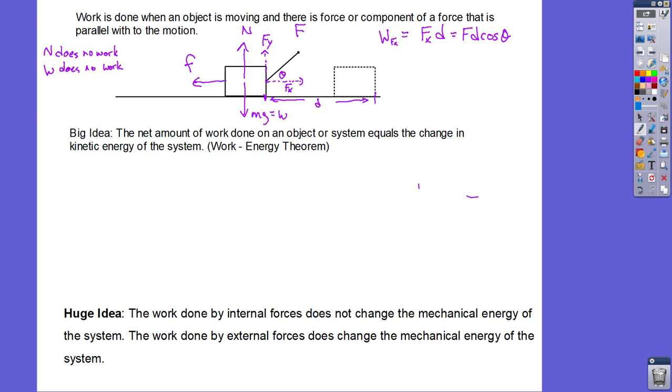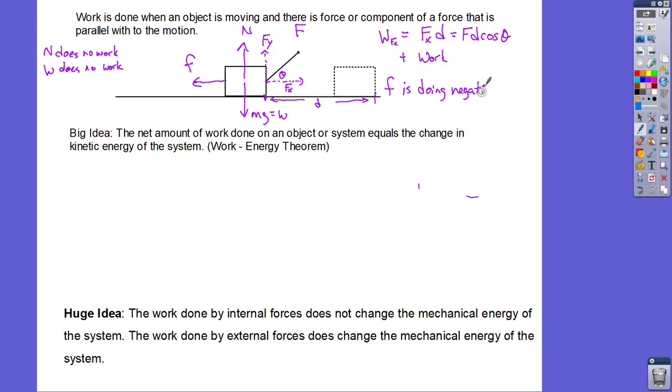Now the other thing is that work can be positive or negative. Since F is pointed in the direction of the movement, it's moving to the right, and Fx points to the right, so this is doing positive work. Compare that to the frictional force, which is doing negative work.